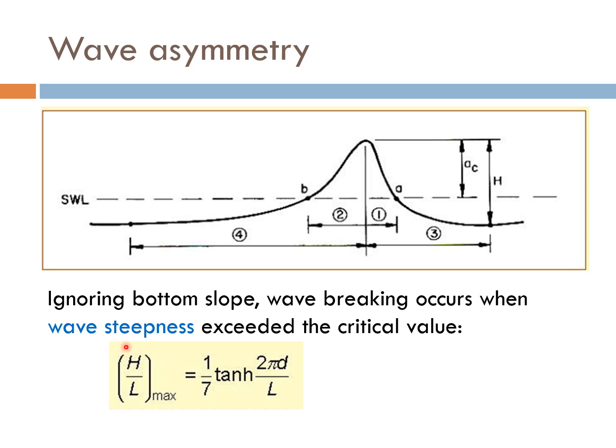So if the wave steepness, H over L, reaches the maximum or the critical value given by this expression, then we expect the wave to begin to break. So the critical wave steepness is given by 1/7 tanh of 2 pi d over L.